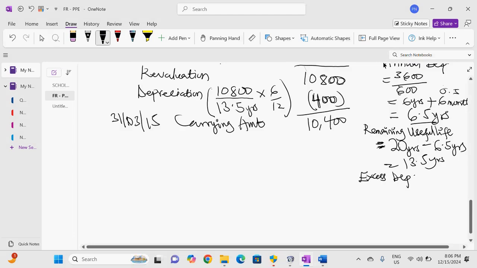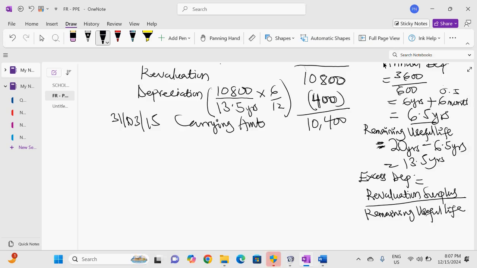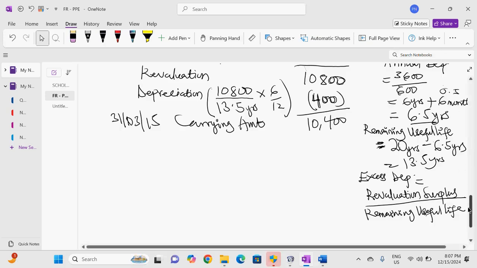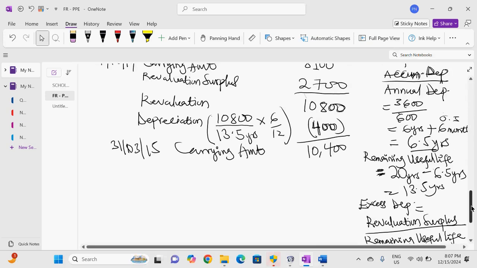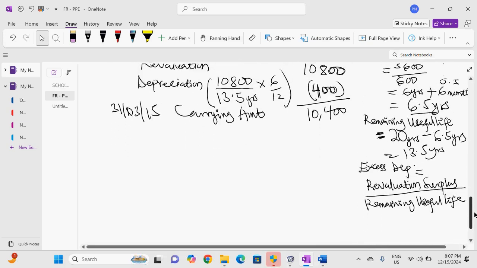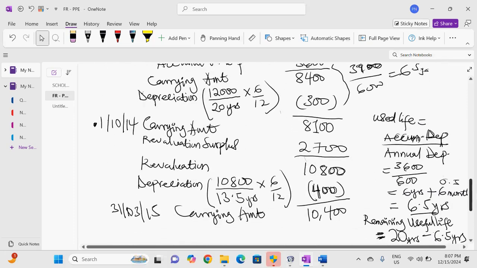Excess depreciation is equal to revaluation surplus all over the remaining useful life. We transfer all the excess depreciation to the statement of changes in equity.